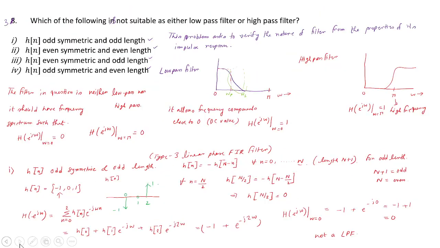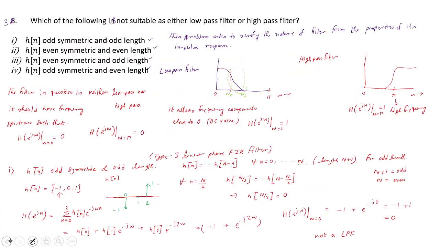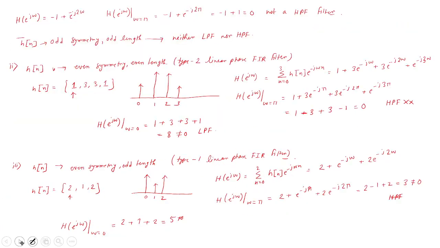Okay, our last option to check is the fourth one. In the fourth case, h[n] shows two properties: odd symmetry and even length.